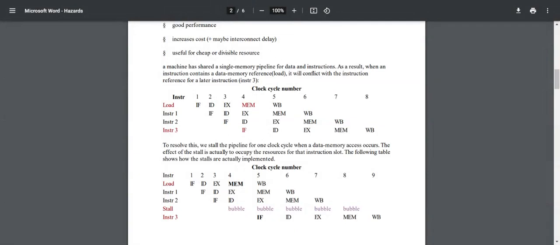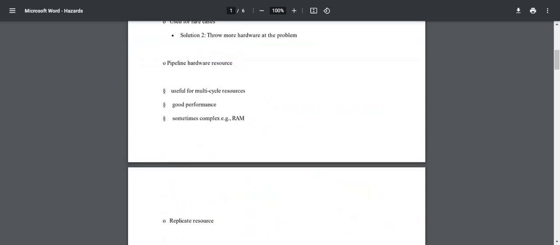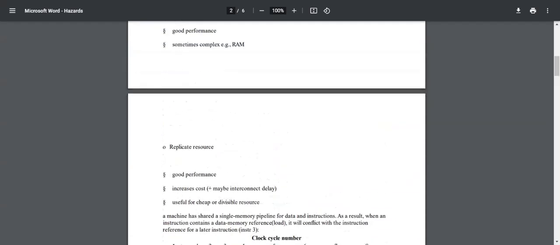For example, if you want to replicate this memory operation somewhere else and let the regular control flow happen, then you have to replicate this memory operation inside some extra piece of hardware, right? So these are basically some suggestions by following which you can solve this structural hazard thing.